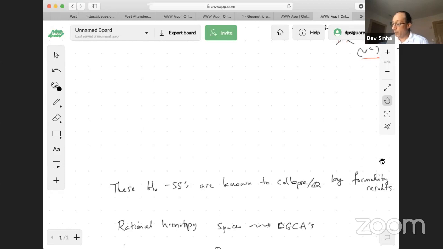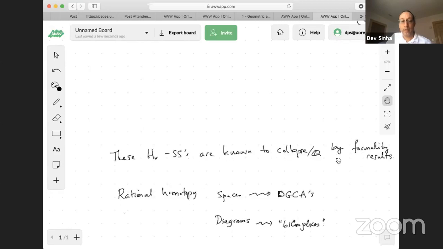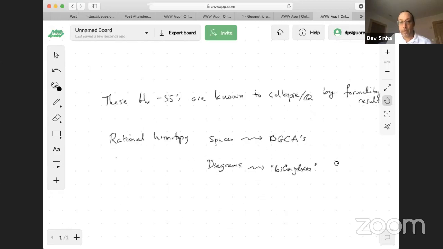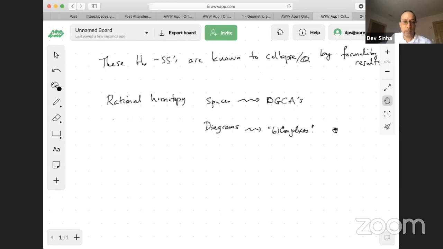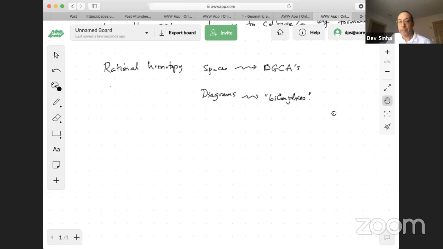And if I've got a bicomplex and I look at the spectral sequence for the bicomplex, if the constituent complexes are formal, then the spectral sequence will collapse.